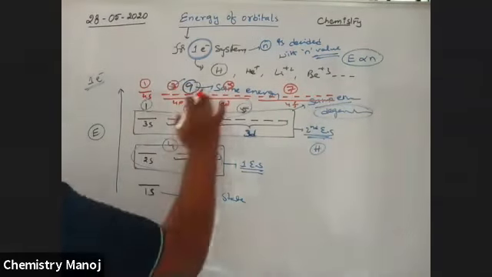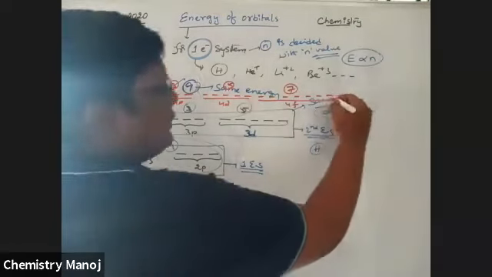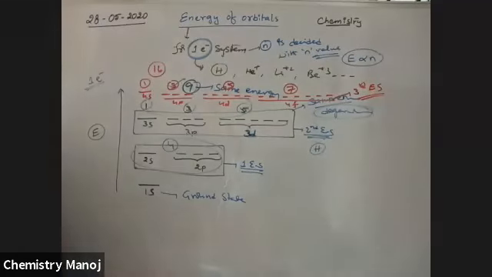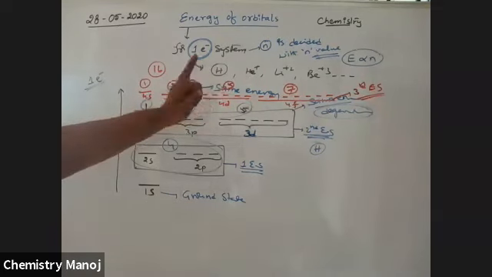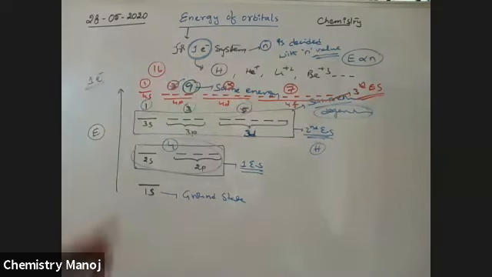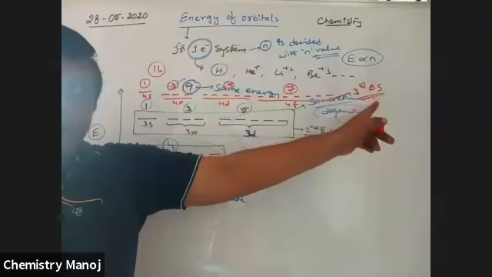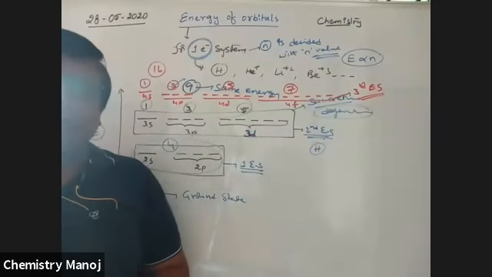How much? 9 plus 7, that is 16. 16 is the degeneracy for the third excited state, that is for the fourth orbit. So 16 is the degeneracy of the third excited state of hydrogen or hydrogen-like ions having a single electron.